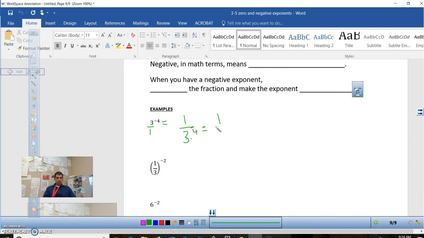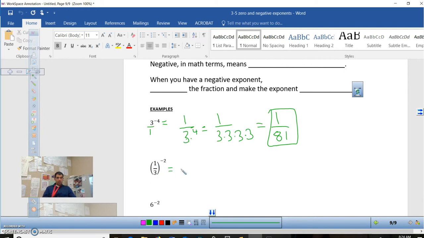So that becomes 1 over 3 times 3 times 3 times 3, or 1 over 81. 3 to the negative fourth is 1 over 81.